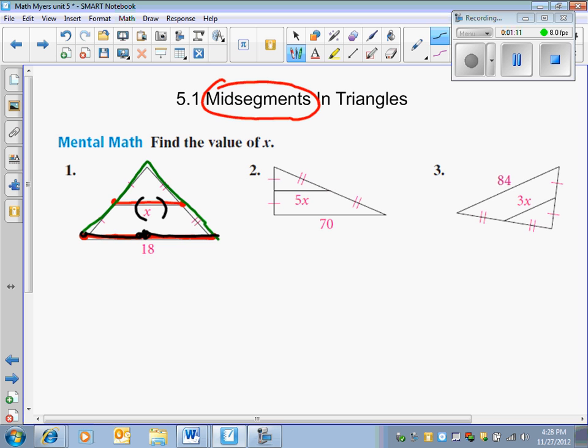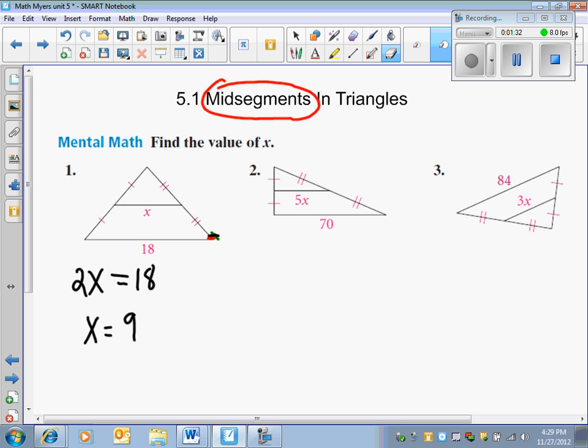That means that we need two mid-segments just to equal the third side. So to set this up as an equation, we would write 2x is equal to 18, divide by 2, and x is equal to 9. So if I erase this, you will be able to see that the mid-segment is 9, yet the third side is twice that, which is 18.